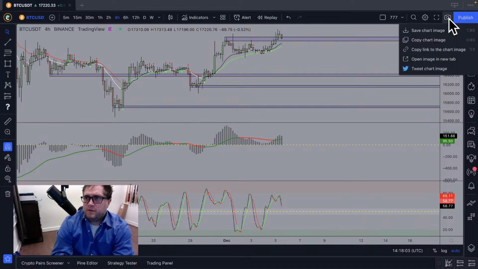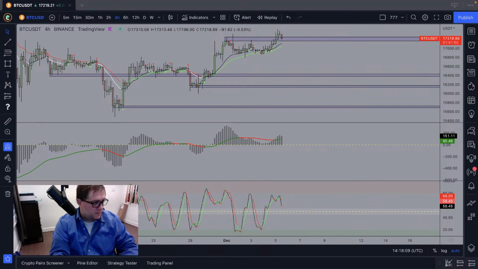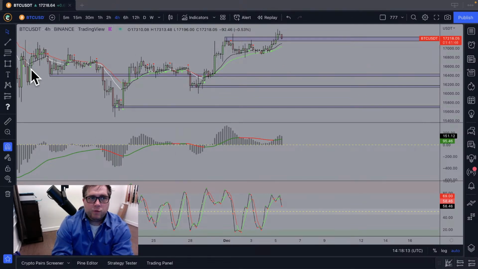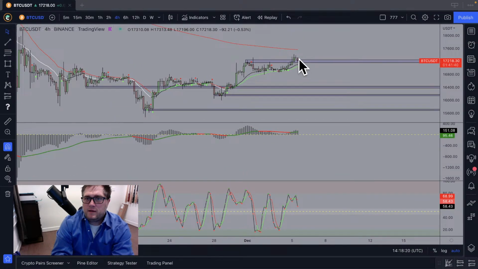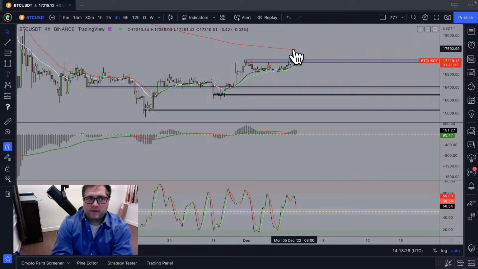We'll make a copy of this image and post it in the Discord, just so we can keep it for record. Right now it looks like we're going to head back down. Right here is the fib line 233 moving average. This is a huge resistance and support level that you want to play off of.